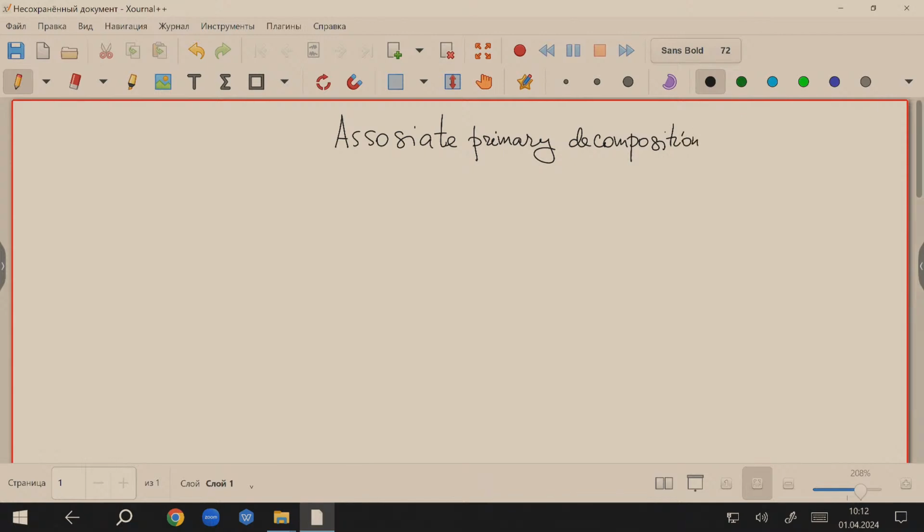So, today we shall continue discussing associated primary decomposition, but actually we have just given the following definitions, so let us recall them. We start with A a ring and M a module.